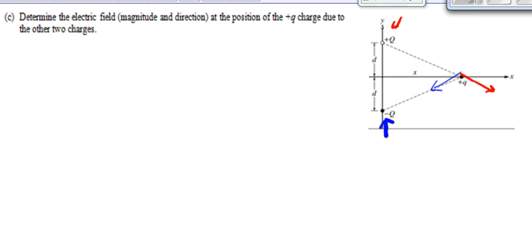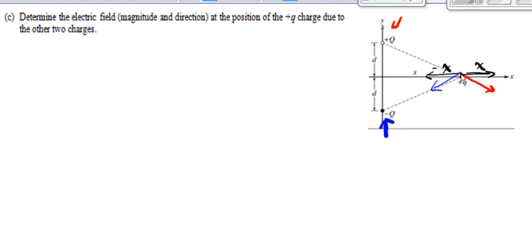Okay, and part B says, determine the electric force, the magnitude and direction, at the position of the plus Q charge due to the other two charges. So basically, what we're looking for is the total amount of force that's acting on this object. If you look at this, and you remember, you don't draw components when you draw these things, but the x component here and the x component here are going to cancel each other out, which are exactly the same.